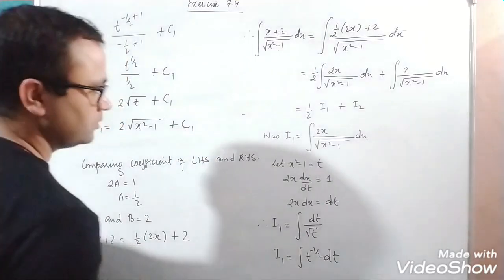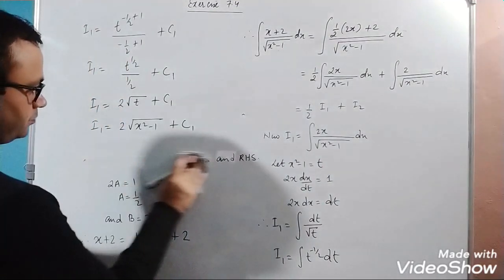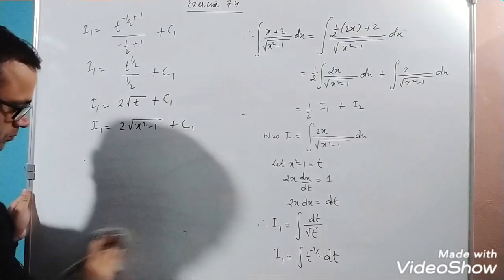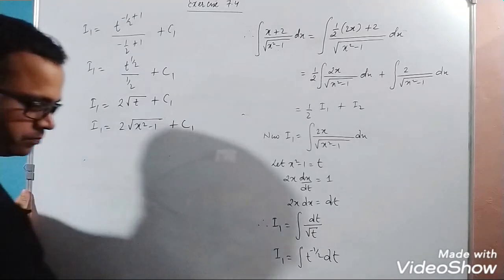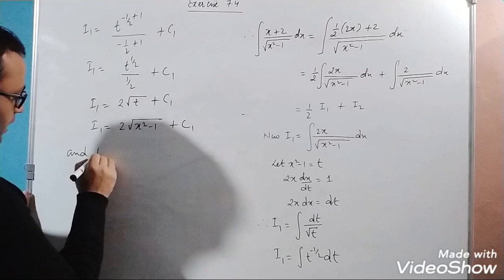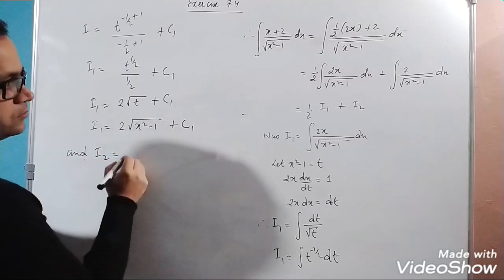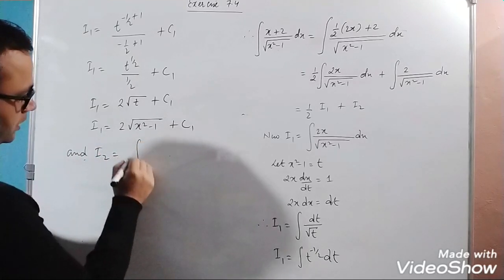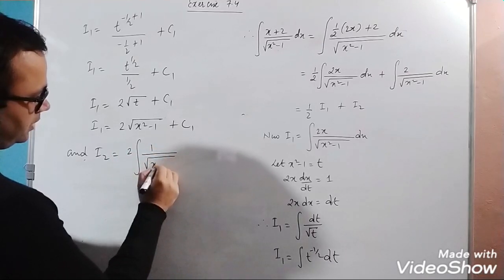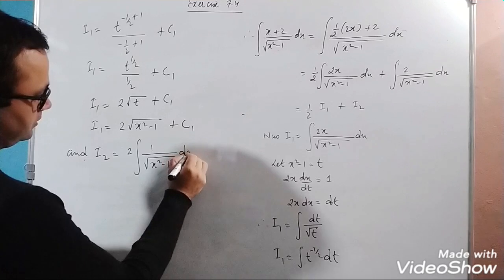Now take I2. I2 equals the integration, we can take 2 outside, of 1 by root under x square minus 1 dx.